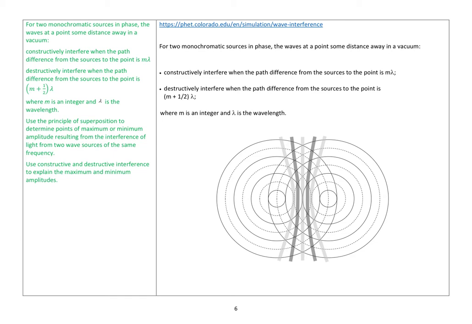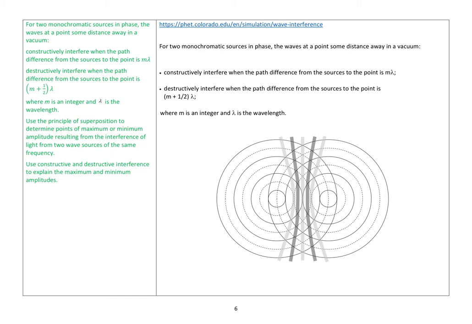So what we're dealing with now is two monochromatic wave sources, not necessarily light sources, and when we get interference between the two waves, what do we see?